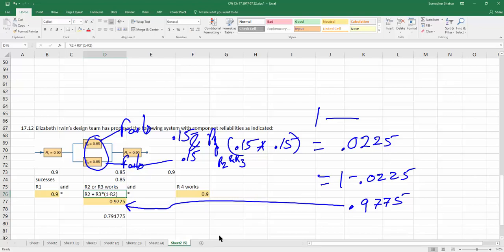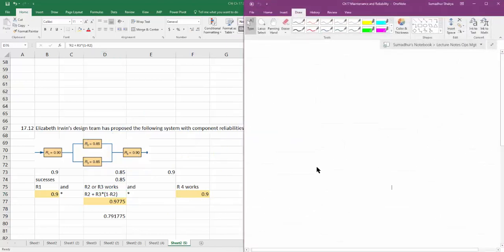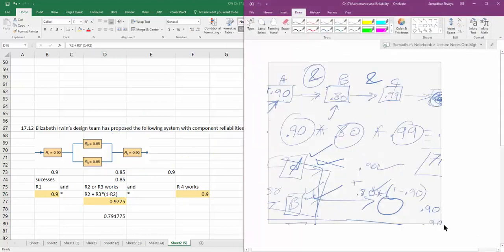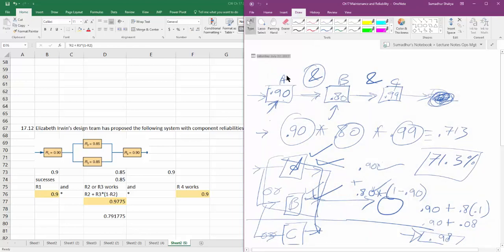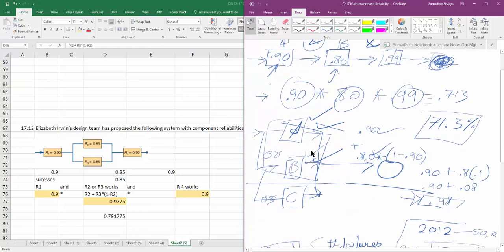Also, if you were to go back to our example, instead of calculating the probability by saying the probability of C working when A fails and B fails, going this way, it keeps on expanding.